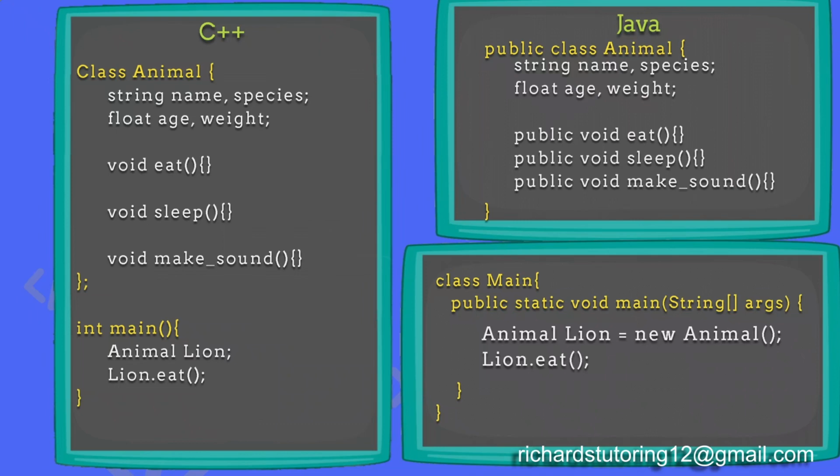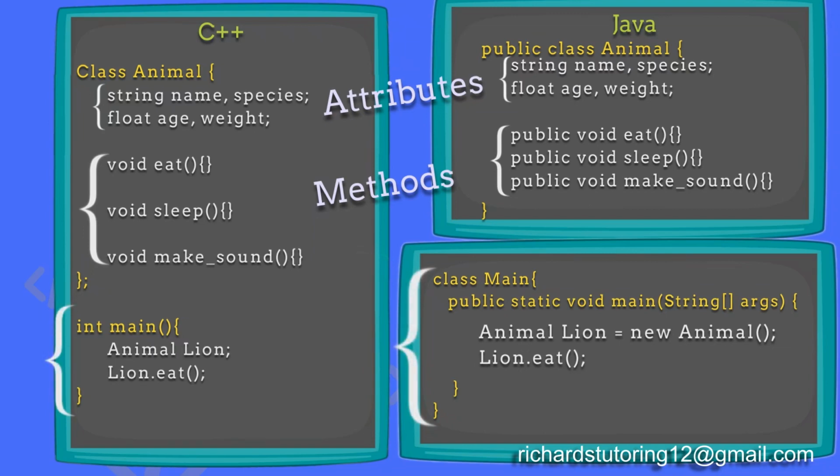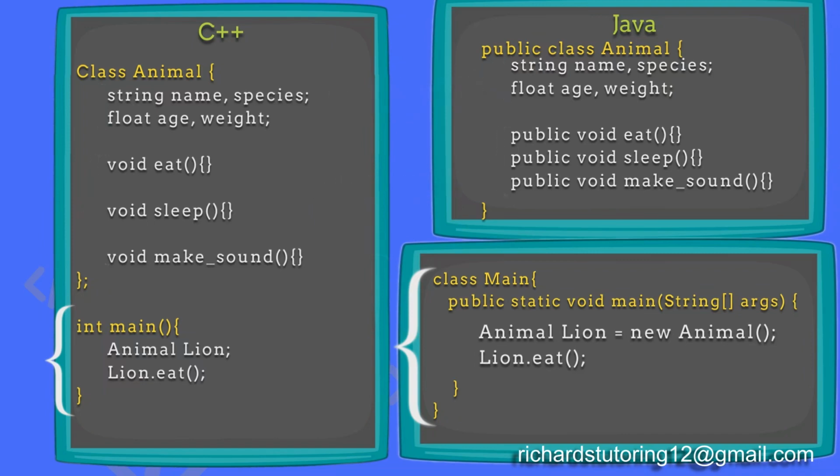Now we get to see the code examples for classes. In both languages, like I'm showing for the Java side, the classes we create can be placed on a separate file. Here we have the attributes, and here are the methods. In this other section is where we get to see how to create a class object, noting that the process is slightly different in each language.